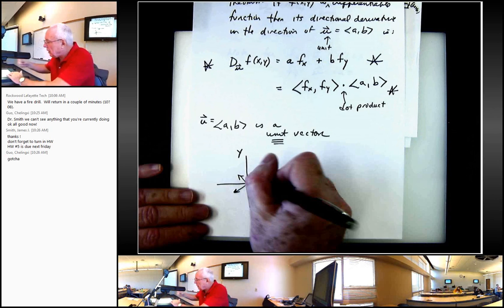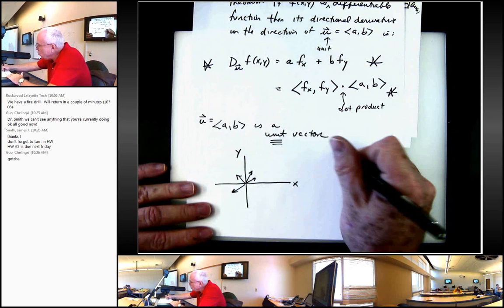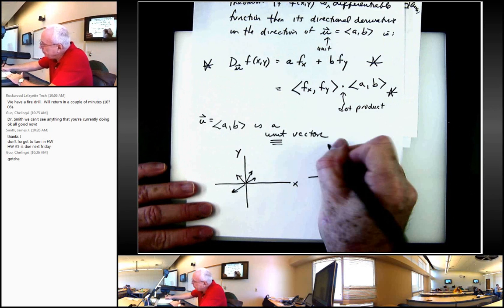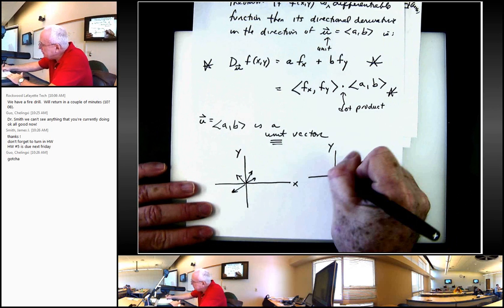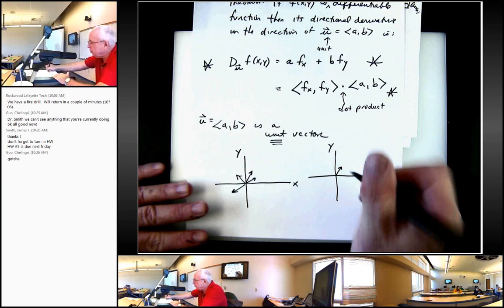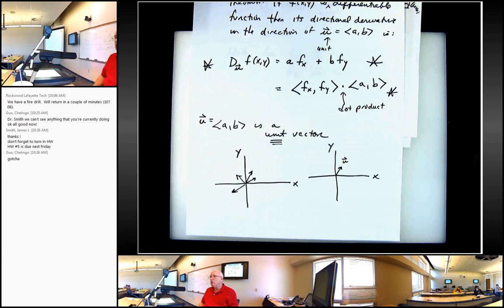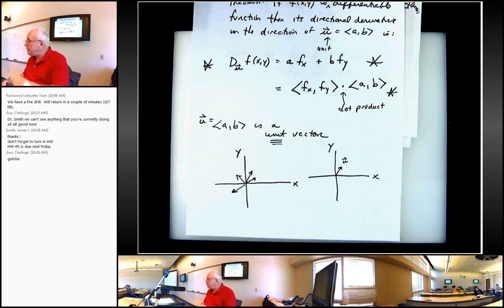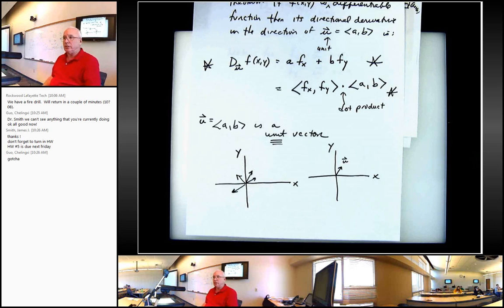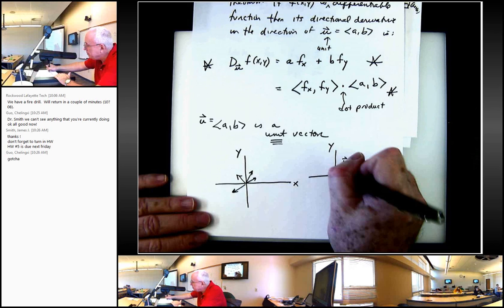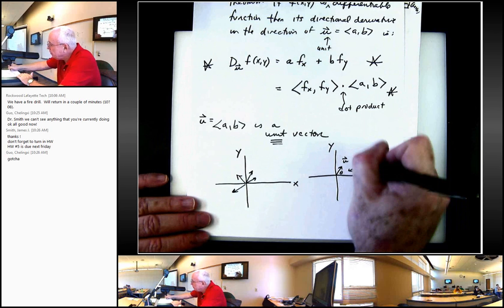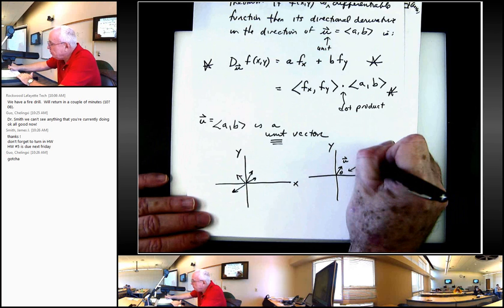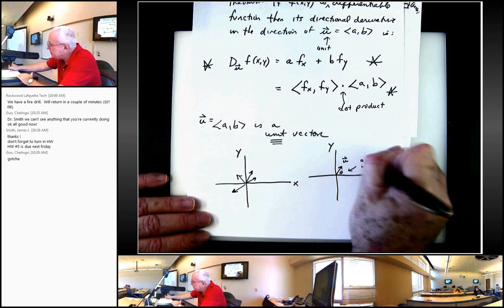Well, let's single one out. So let's say that this here is our unit vector u. Well, we can look at the angle that it makes with the x-axis here. And let's say the angle that it makes, we're going to call it theta. So this is the angle with the positive x-axis.